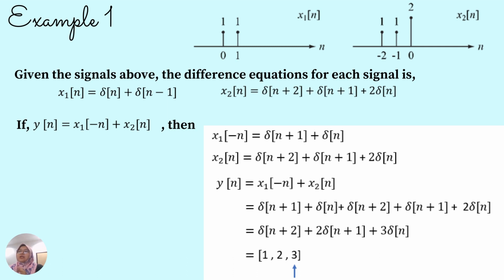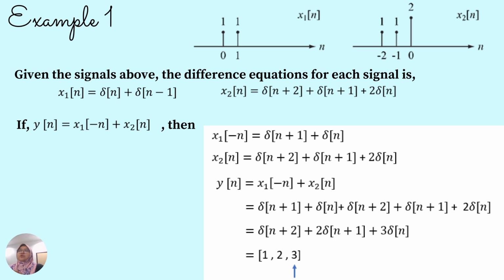And then kita tengok tengah dia adalah delta n, so ada berapa delta n? Ada 3, sebab delta n plus 2 delta n jadi 3 delta n. So if we write it in a sequence of numbers, you can see that it is 1, 2, and 3, dengan 3 berada di n equals to 0.